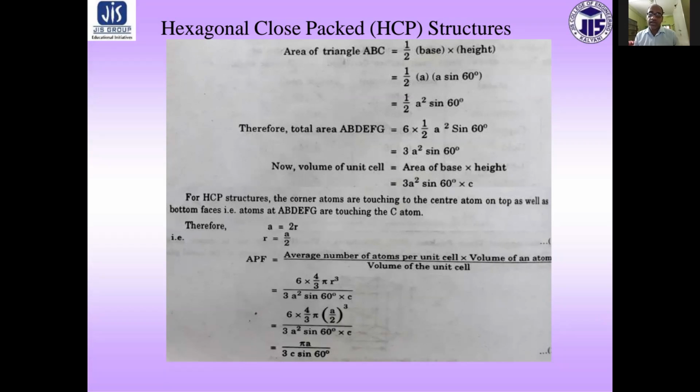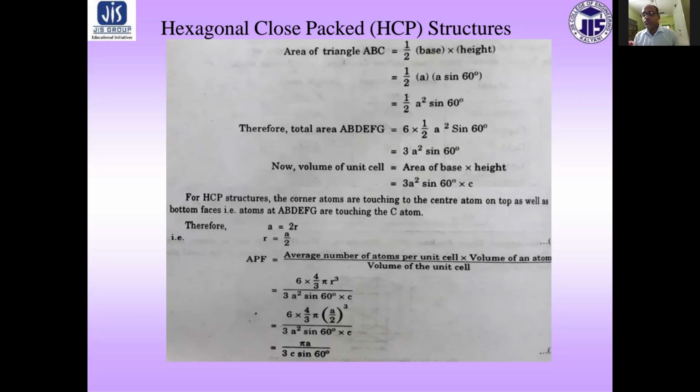Now we need to calculate the APF, which from the definition is the average number of atoms per unit cell into the volume of an atom, divided by the volume of the total unit cell. From the earlier discussion, we know that the average number of atoms per unit cell is 6 for the HCP structure.